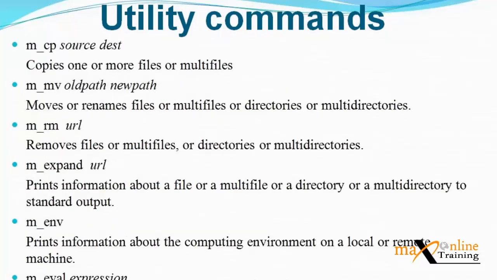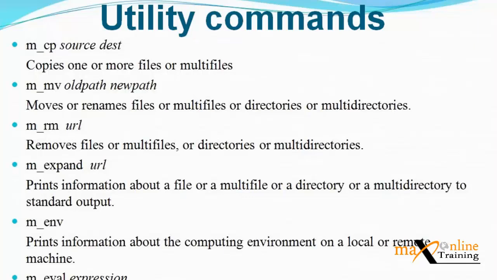Next, the object manipulation commands, like to copy an object, to copy a multi-file, to rename a multi-file, to remove a multi-file. Those are the first 3 commands: m_cp, m_mv, m_rm. And next one is m_expand.